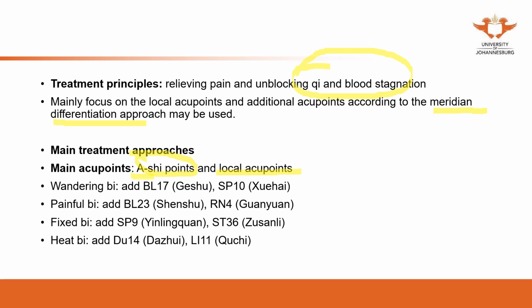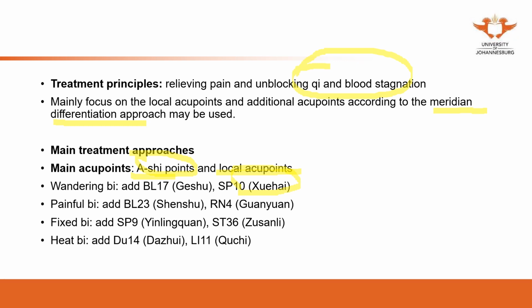The main points are Ashi points and local points. The Ashi points are very similar to the trigger points that we introduced at the beginning of the myofascial pain syndrome. You're going to focus on the local points, and then for wandering bi, you're going to add bladder 17 and spleen 10. Spleen 10, Xuehai. Why do we need to add bladder 17 and spleen 10?